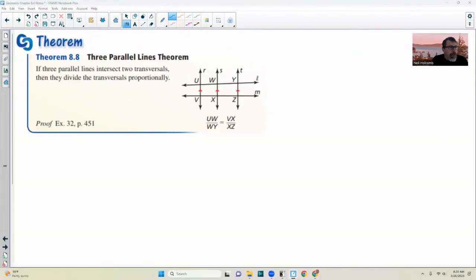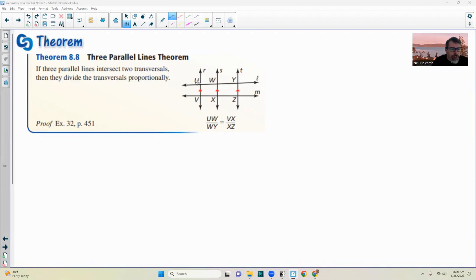Okay, this is theorem 8.8, three parallel lines theorem. All right, so UV is parallel to WX and YZ. They're all parallel. If three parallel lines intersect two transversals, the transversals line L and line M, then they divide the transversals proportionally.